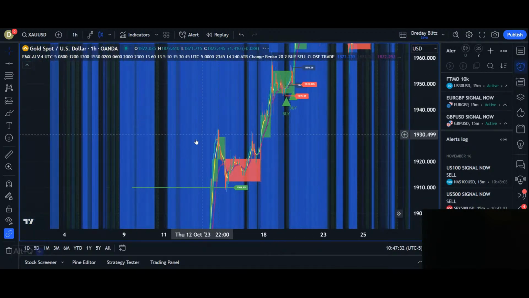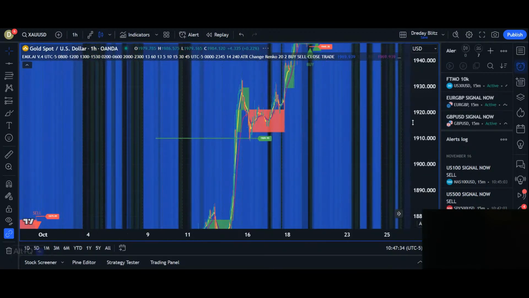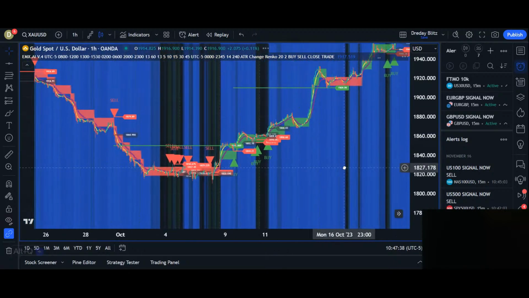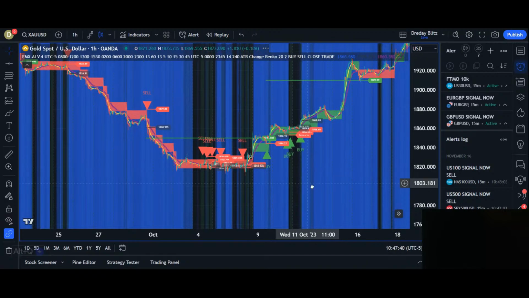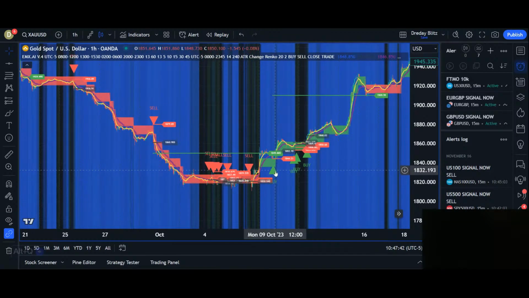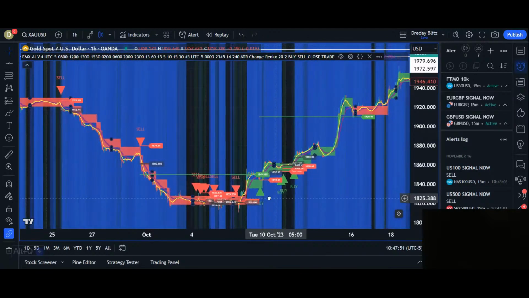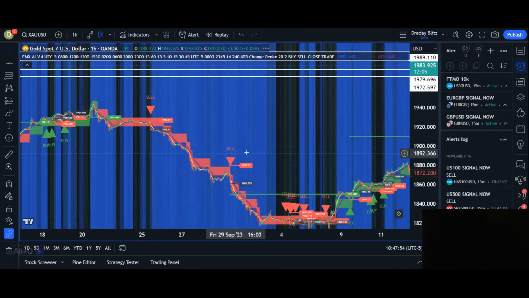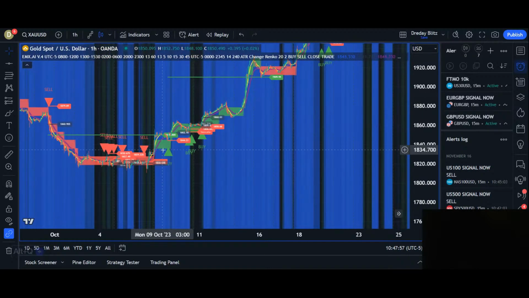So as you can see, usually on gold you're gonna have really big movements here. As you can see, there were a few buys here that came in at the end of, beginning of October. So we had a buy. It switched for a buy. It was selling like crazy, and then went and switched up for buys.